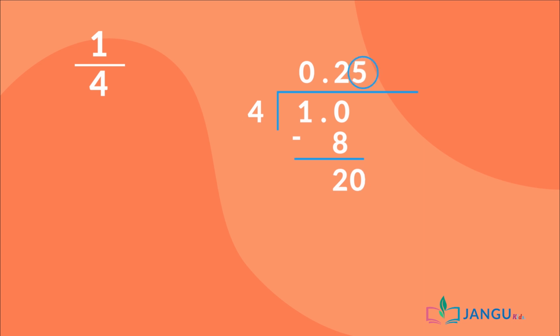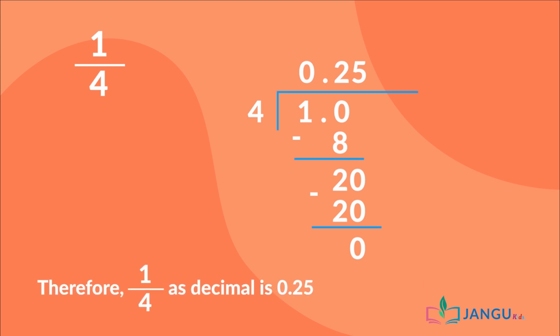Next, we multiply 5 and 4, which gives us 20. We then subtract 20 from 20, and that gives us 0. This means we are done dividing. Therefore, 1/4 as a decimal is 0.25.